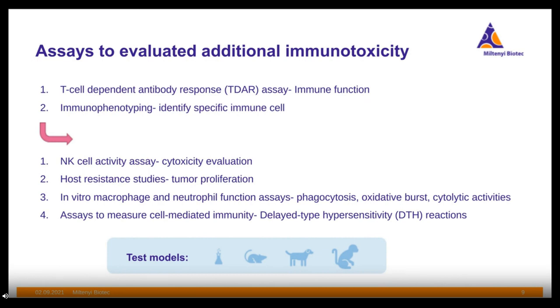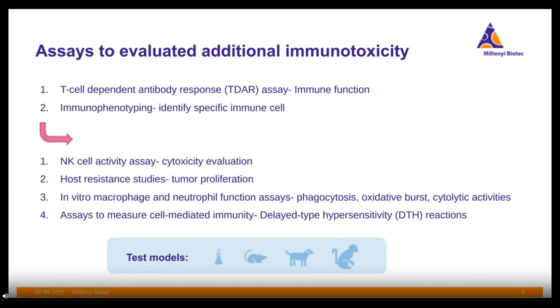Further on, some in vitro macrophage as well as neutrophil function assays are also suggested, where one can look into the phagocytosis, oxidative burst, as well as cytolytic activities of these cell subsets. Last but not least, there are also recommendations to measure assays for cell-mediated immunity, specifically delayed type hypersensitivity reaction.